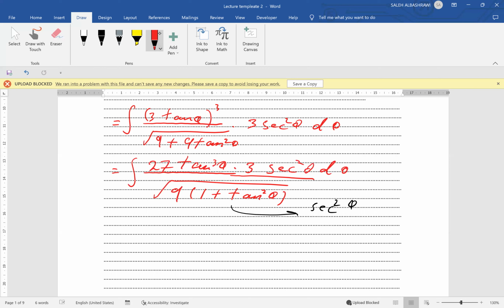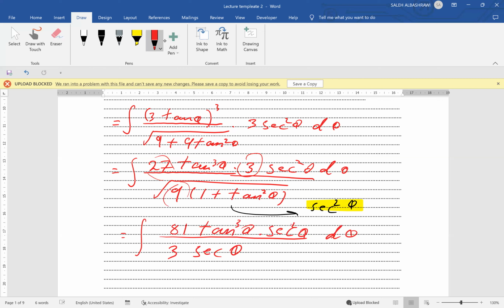So this can be written as the integration of 3 times 27, which is 81, multiplied by tan to the power 3 times secant squared, divided by 3 (the 9 taken out of the square root), times secant theta, since 1 plus tan squared equals secant squared.